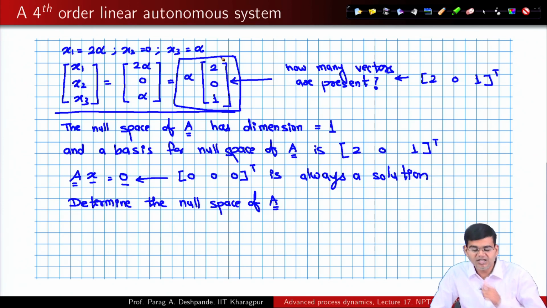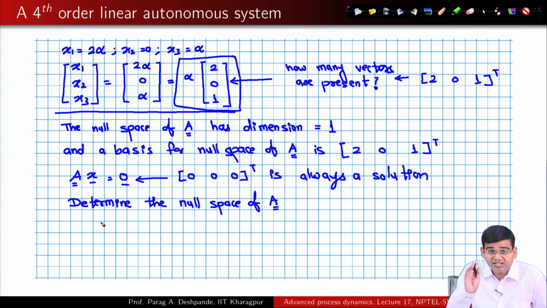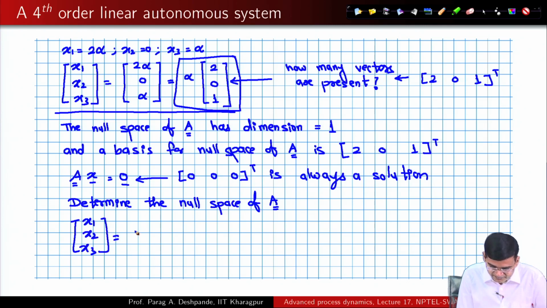Now, imagine a case where you do the degree of freedom analysis as 2, and imagine a case where you get x 1, x 2, x 3 as say alpha times a vector [a b c] plus beta times a vector [d e f].